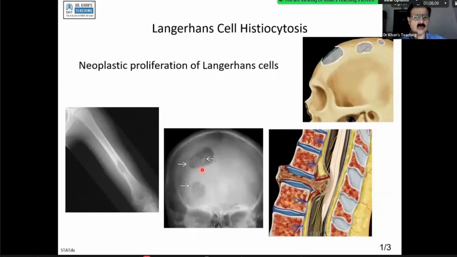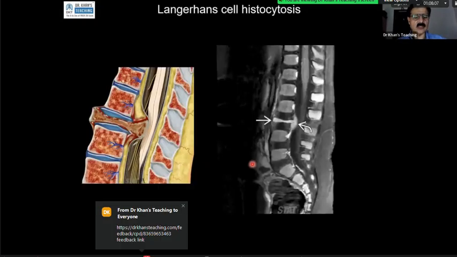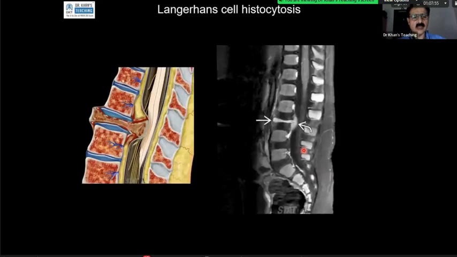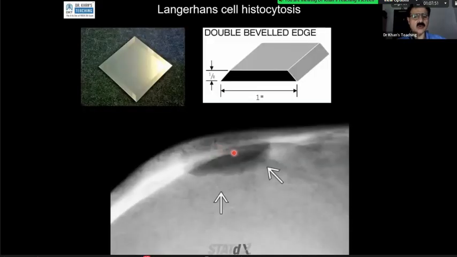So I'll now show you key points about this beveled edge appearance. One thing I want to tell you in CNS, in spine as well as in brain, is that the meninges will be involved, so there will be enhancing soft tissue with the bony abnormality. And it can cause what we call vertebra plana. Now, look at this.